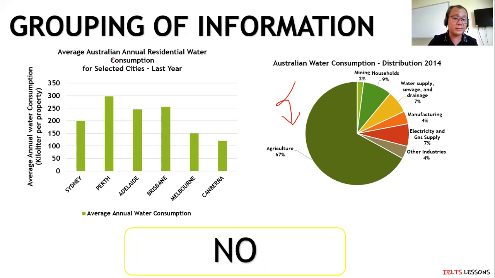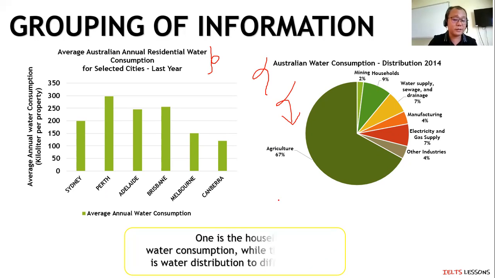Category means like topic. This is about water distributed to households only, and this is water distributed to different areas. So basically they don't have the same topic. That is why this is our body paragraph 1 and this is our body paragraph 2.